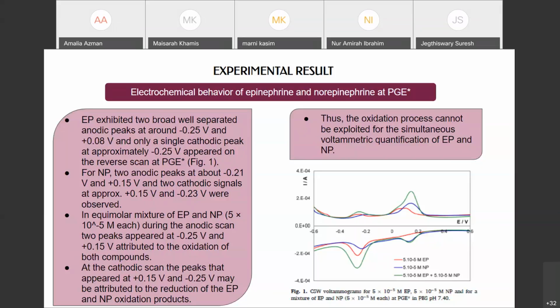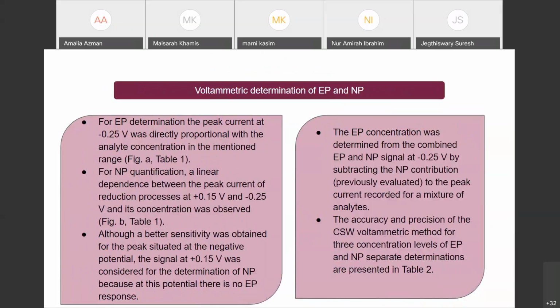So at the catalytic scan, the peaks that appeared at positive 0.15 volt and negative 0.25 volt may be attributed to the reduction of the EP and NP oxidation products. Thus, the oxidation process cannot be exploited for the simultaneous voltammetric quantification of EP and NP. Next. So the second part is voltammetric determination of EP and NP.